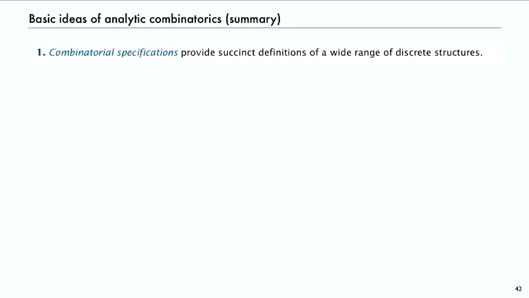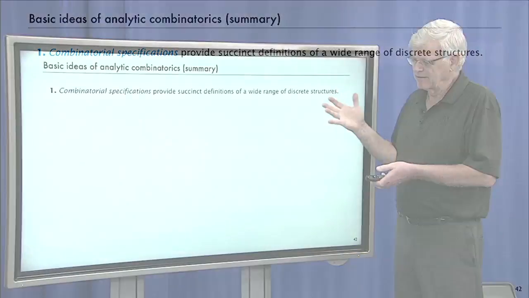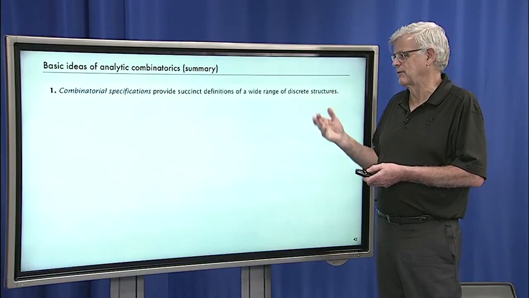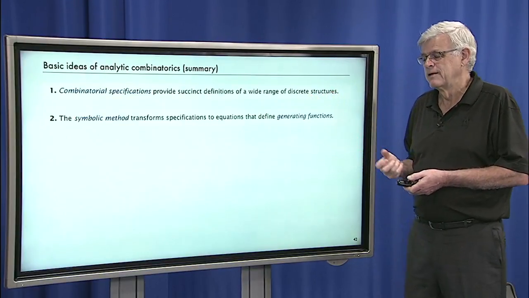The basic ideas I'll say in words because they're worth restating. First of all, we have combinatorial specifications that give us succinct ways to define discrete structures. And this is an extensible system of specifications, and people are discovering new ones every day.